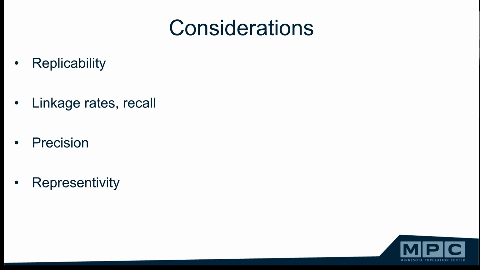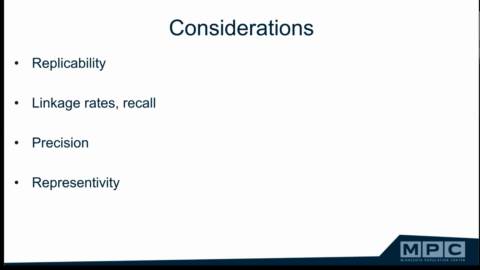Other considerations are linkage rates, or at least when you have training data, you can calculate what's called recall, which is the share of actual matches that your algorithm is able to identify. Linkage rates more broadly: if I'm trying to link 1 million individuals, what proportion of those individuals am I able to link? Obviously, we would like to link a greater proportion of individuals, right?